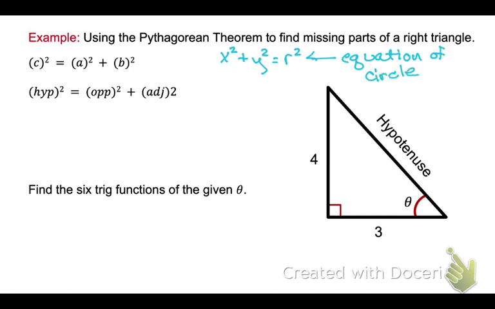What does that remind you of? The Pythagorean theorem. The Pythagorean theorem and the equation of a circle are exactly the same thing. The hypotenuse is your radius. The Pythagorean theorem, the equation of a circle, and the distance formula are the same thing. It's all the same thing.